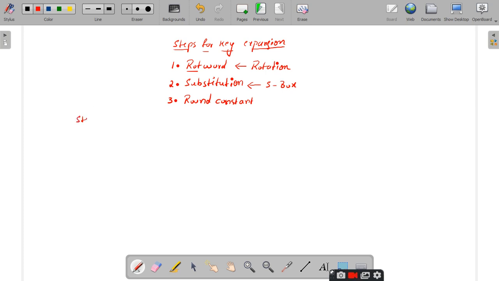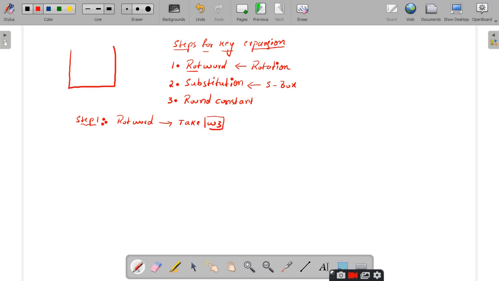So let us see what happens in step 1. Very simple steps, right? So what is step 1? It is nothing but rot word. So in this rot word, what you have to do is you have to consider W3, right?